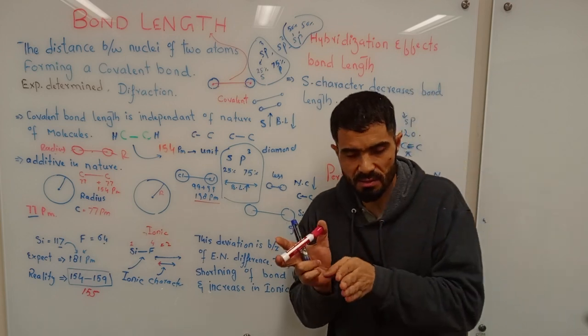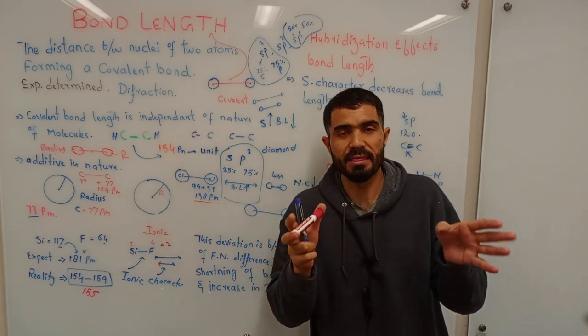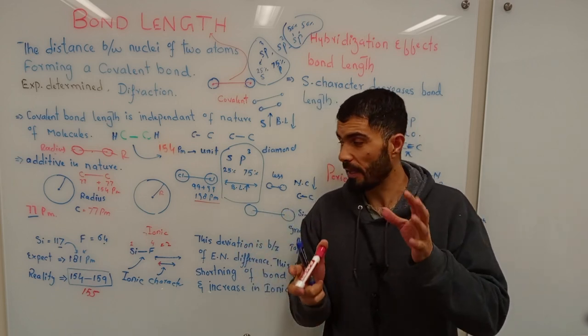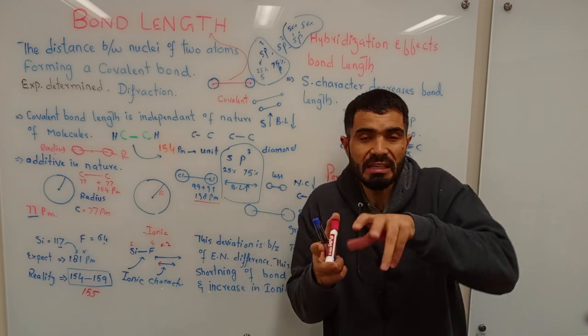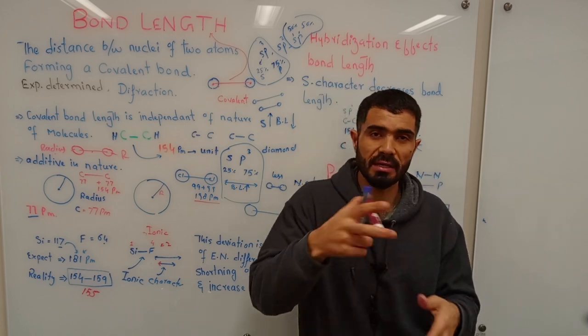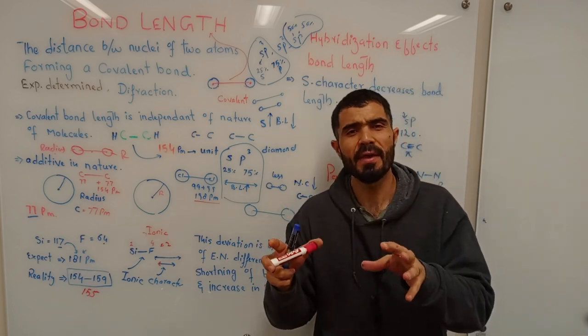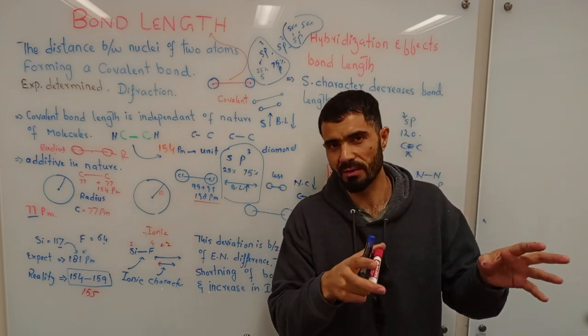But in some cases there is deviation, and this deviation is because of an increased electronegativity difference, which creates ionic character in that molecule. Then we came to hybridization. Hybridization also affects the bond length.